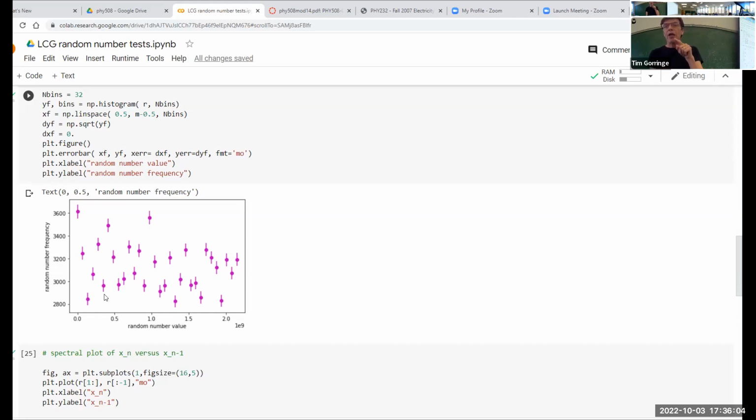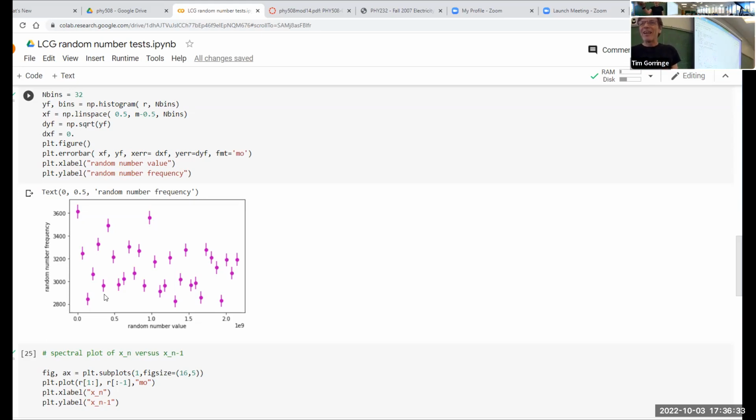So look, we got about 3,000 entries in a bin. So if you take the square root of 3,000, so square root of 20 times 20, that's 400. The square root of 3,000, 50. I can't stand up here and do math.